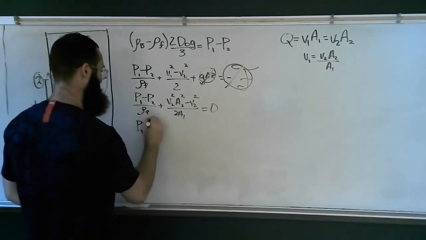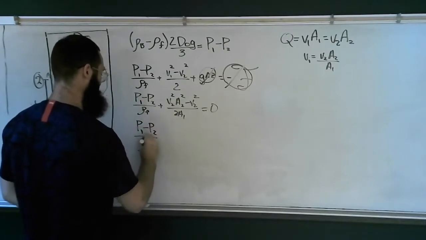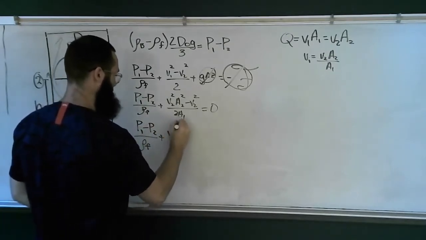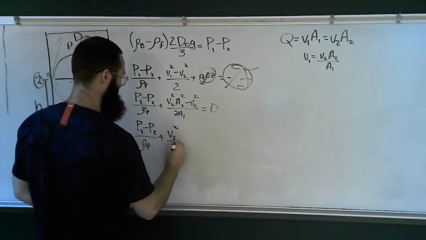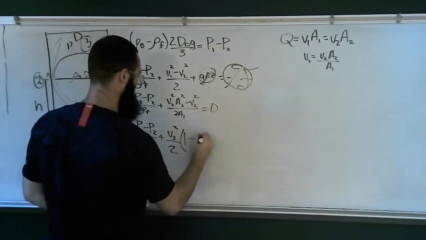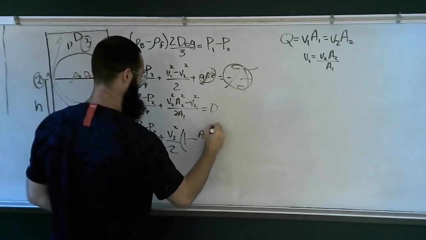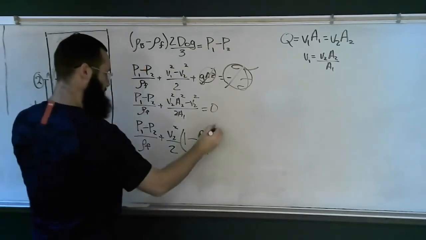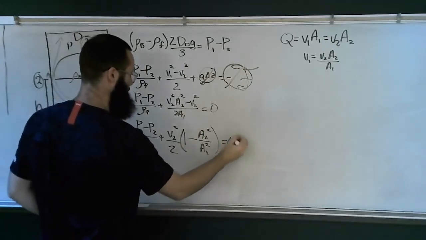So we get P1 minus P2 over the density of the fluid plus V2 squared over 2 times 1 minus A2 squared over A1 squared equals 0.